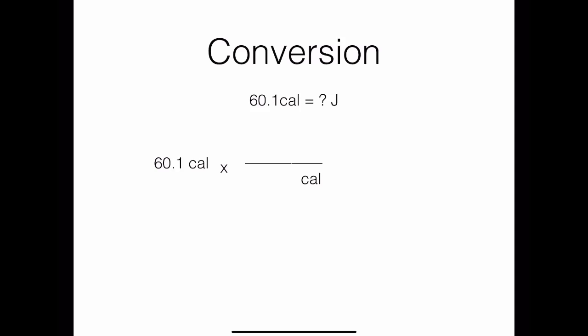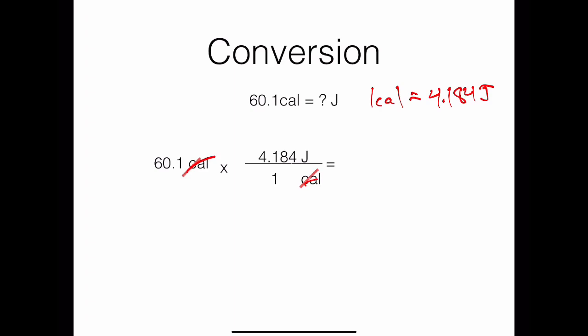We're doing this so calories can cancel out because we don't want to end up in units of calories. We want to end up in units of joules. We know because of our conversion factor that 1 calorie equals 4.184 joules, that we can convert directly between calories and joules. It just so happens in this case that we're putting calories on the bottom so that they can cancel out the units.